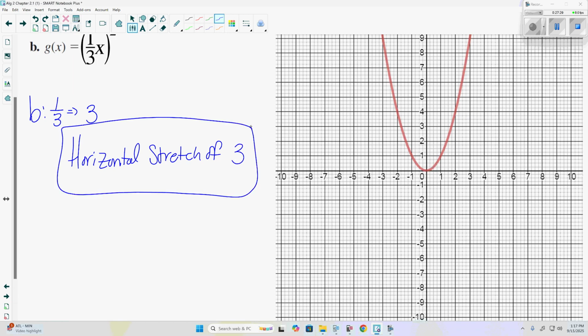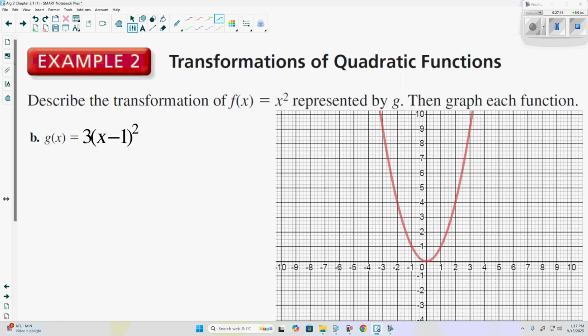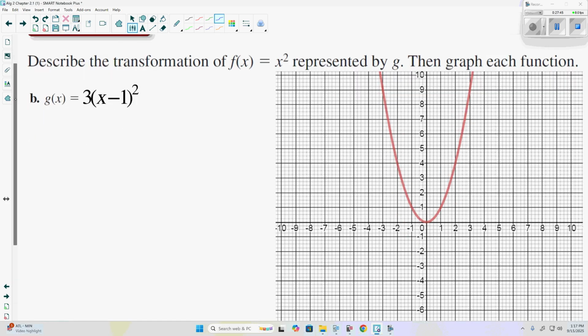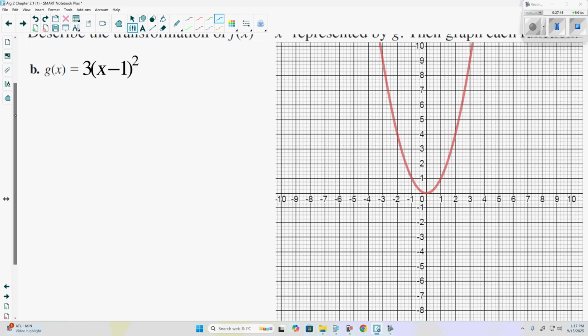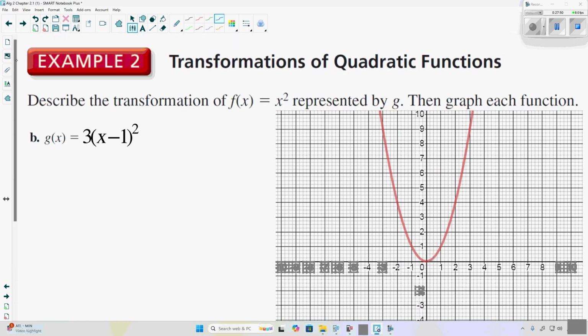Now, we won't have too many functions, or we really won't have any functions that will have horizontal stretch or shrink with a horizontal translation because they affect each other funny. There's a funny effect with those.